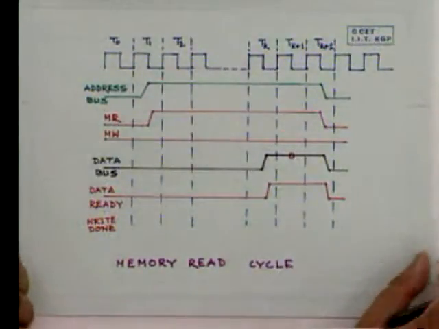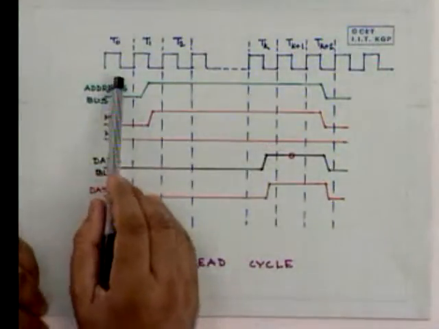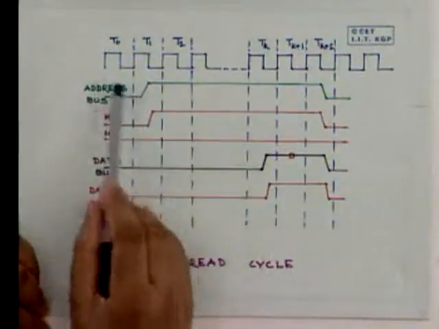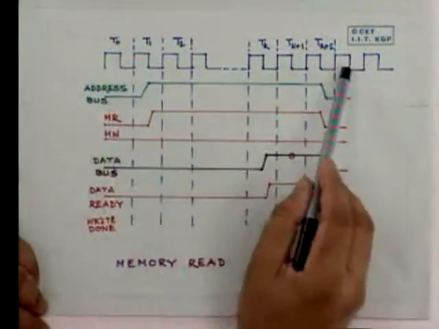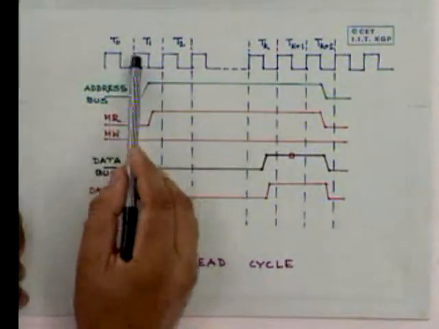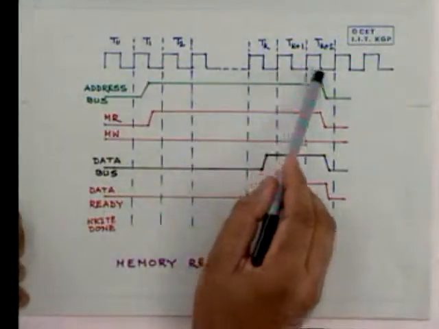Here the entire action has been divided into several timing states, T0, T1, T2, which are clock cycles of the machine.